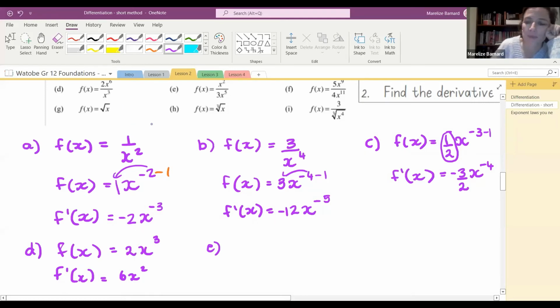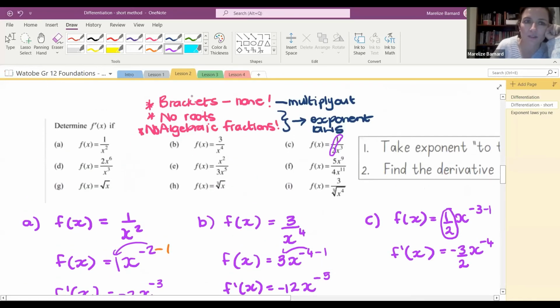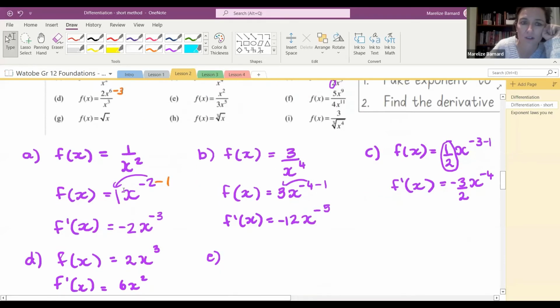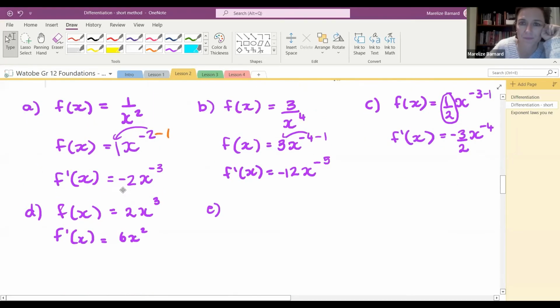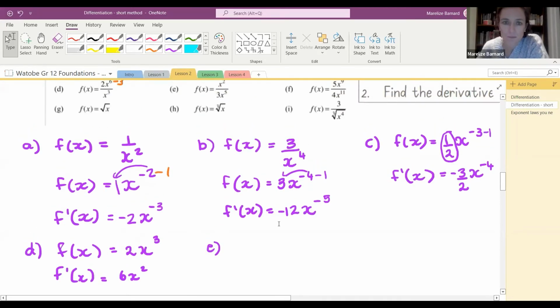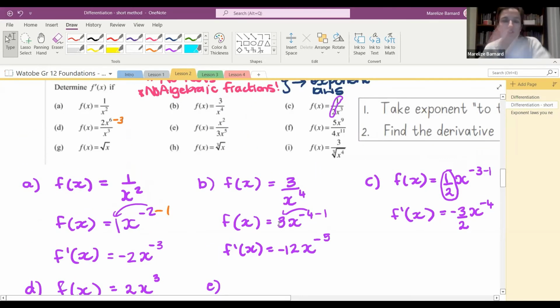No, Mohammed, be careful. We don't divide the 3 into the 6. We subtract it. That's what the exponent law says. If the bases are the same, we subtract exponents. So 6 minus 3 will be 3, not 2. Okay, give question E a go.